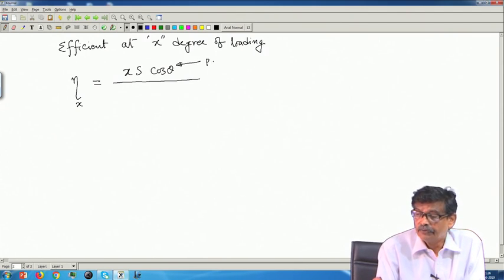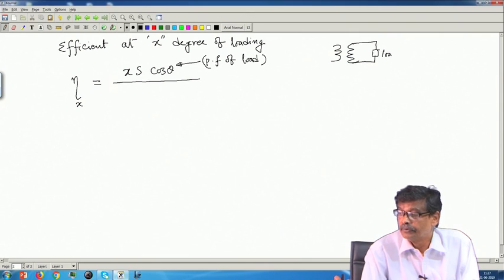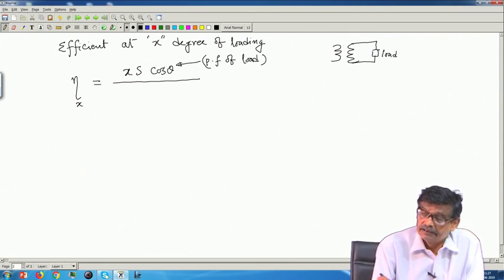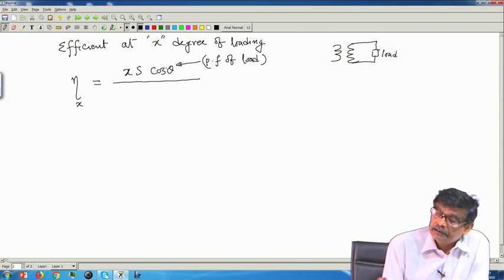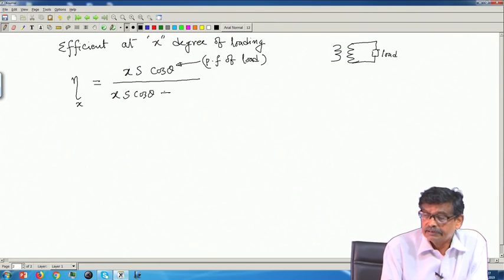It is the power factor of the load. This is the actual practical transformer, this is your load with power factor angle theta, and the input kilowatt will be output plus the losses.